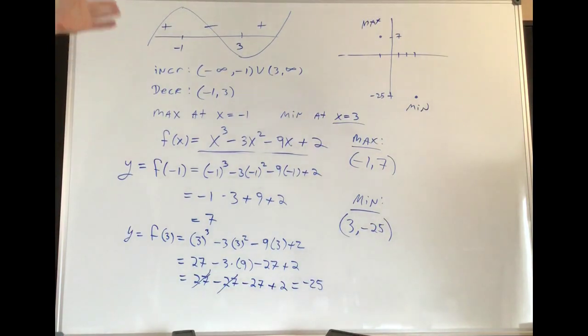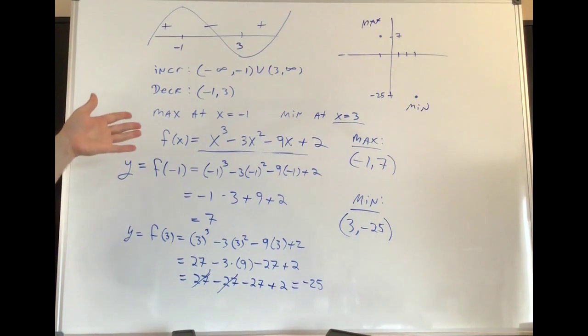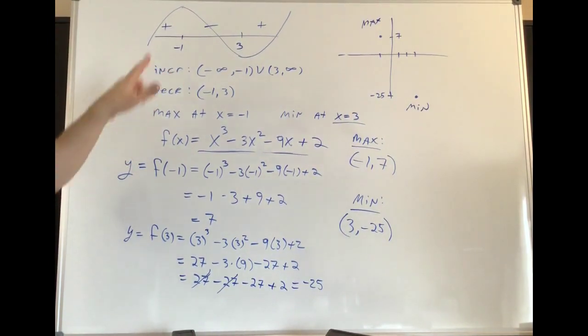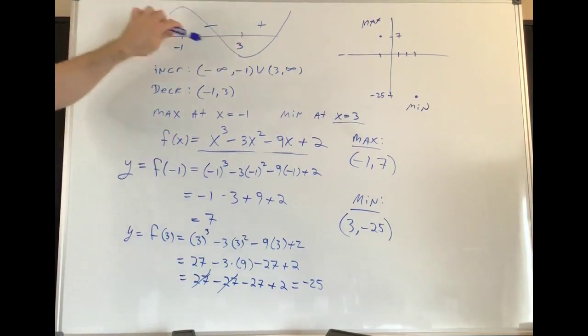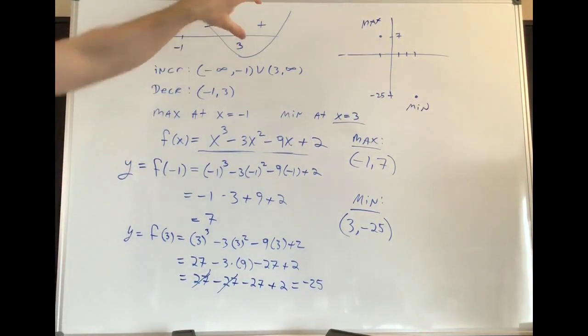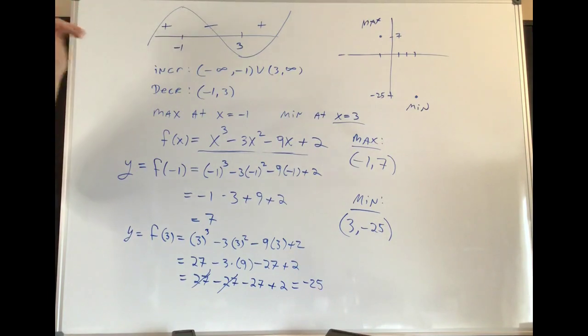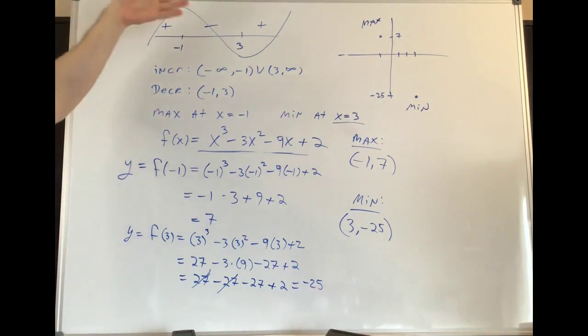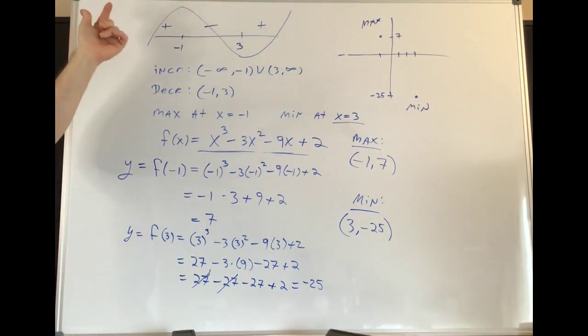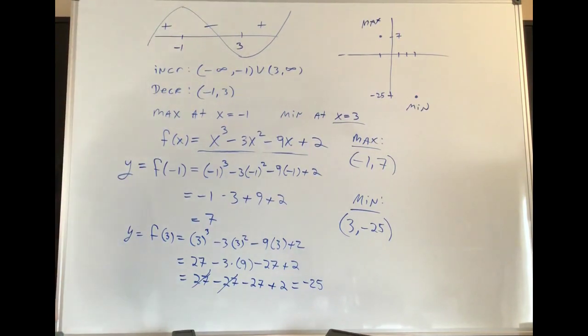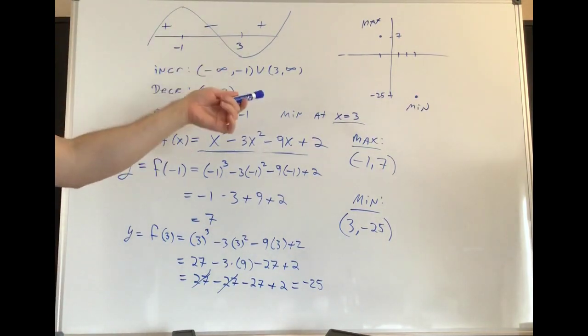On the previous board work, I took the derivative, I set it equal to 0. I found those numbers. I put those numbers on a number line. I picked a bunch of test numbers in each region, in each piece, or each chunk. I plugged those numbers into the derivative to see if it was plus or minus. Then I figured out where the graph's going up and down. That tells me where the max and min are.